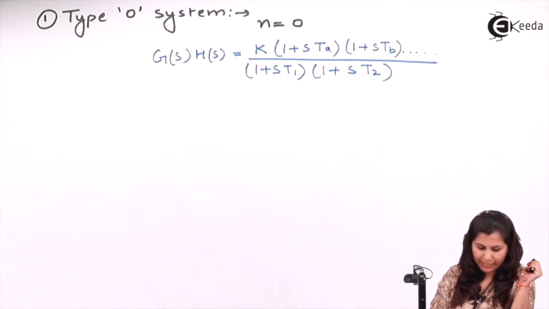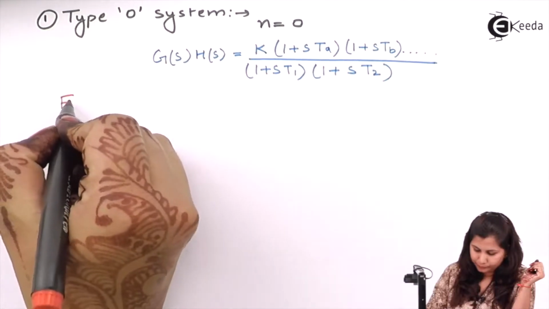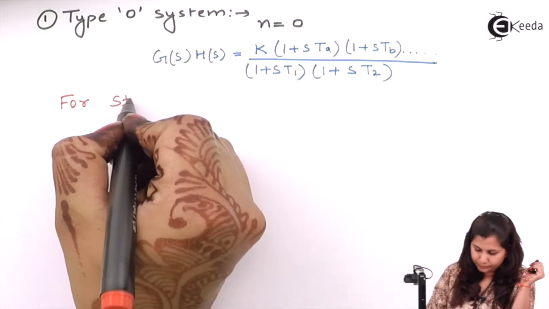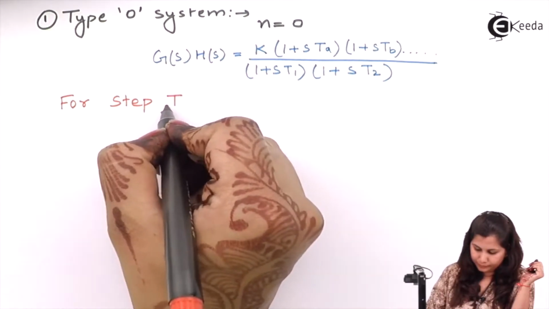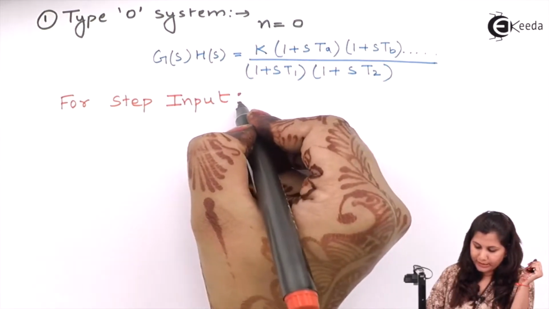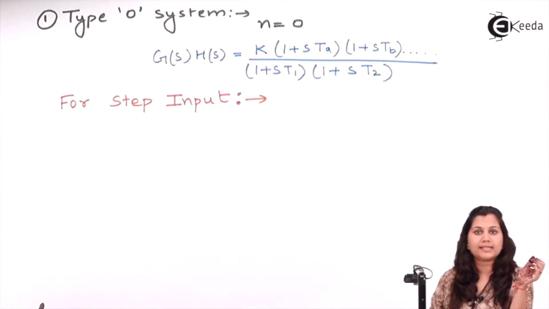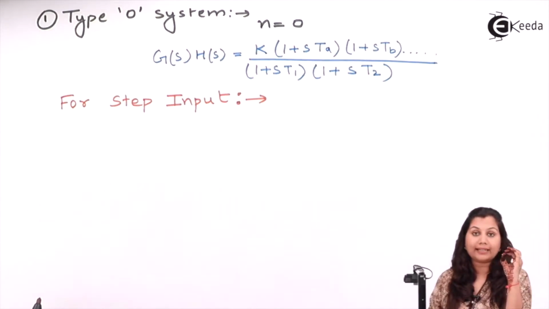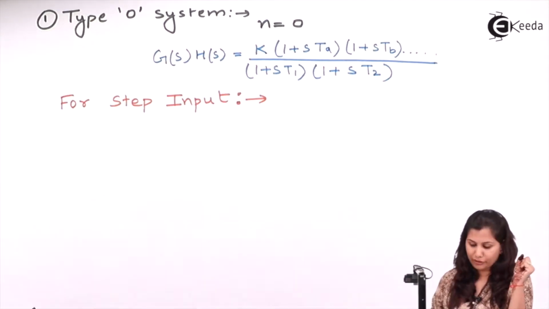So first we will have the step input. For step input, we have the static error coefficient Kp, that is the static position error coefficient.